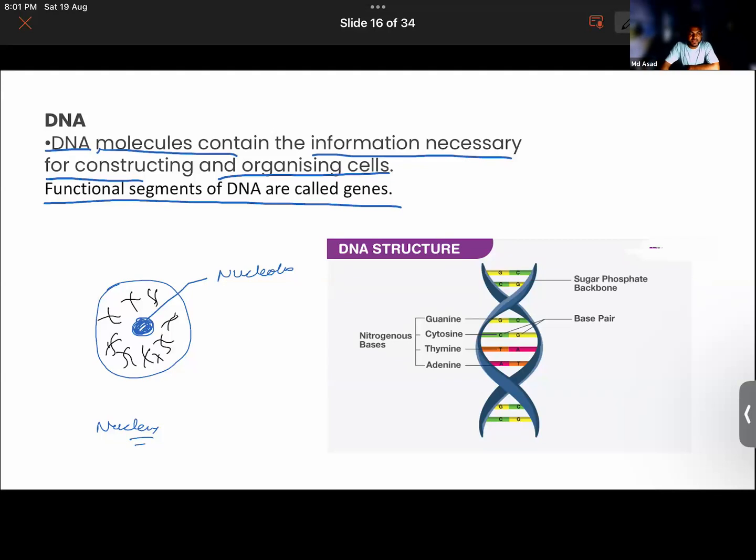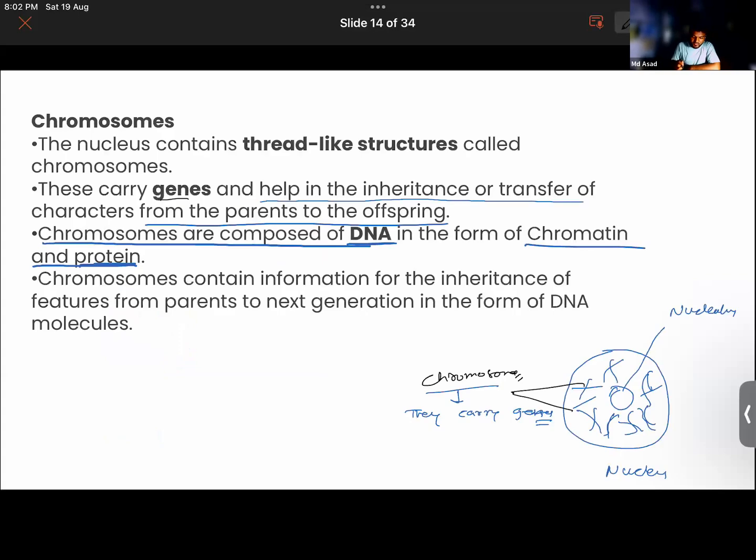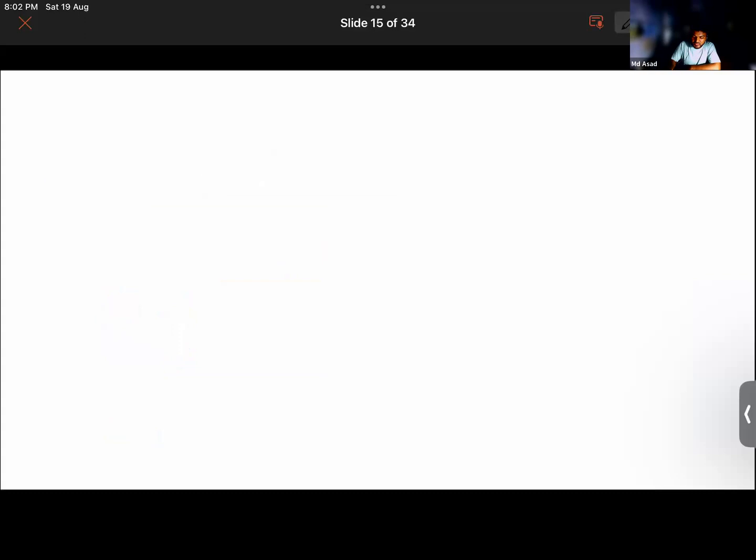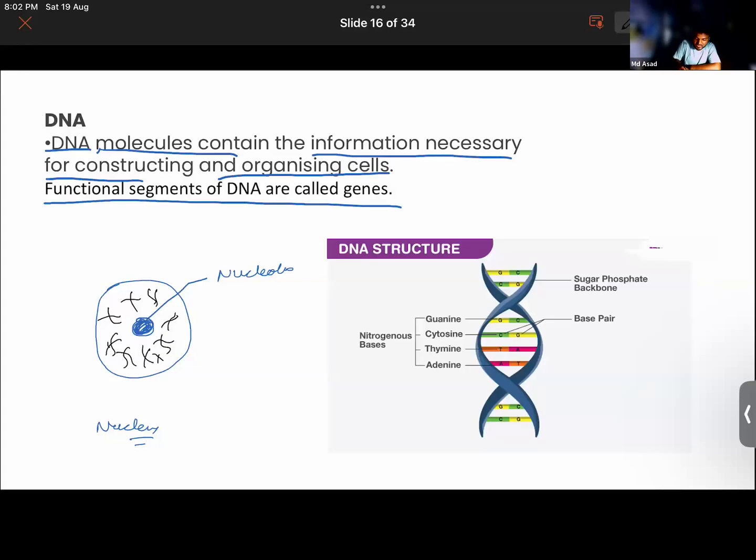Rather than calling them chromosomes for the moment, if you look at this slide here, we say that chromosomes are composed of DNA. They are basically made up of DNA. We know it is a chromosome, but we know that chromosomes are made up of DNA. So we are calling it DNA here, right now.